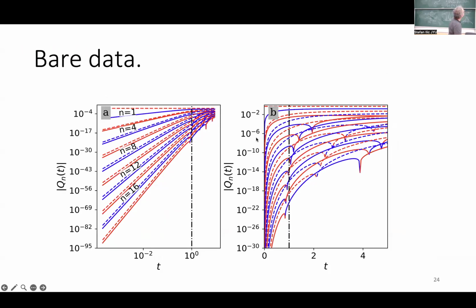Just to show you this, here Q_N is the same as I_N, the kind of data that you get. T here is the time since you switch on the interaction. So actually what you do is you switch on the interaction and you wait until it relaxes. The reason I'm showing this plot is that the same technique allows you to calculate numbers that vary from 10 to the minus 95 to order 1.